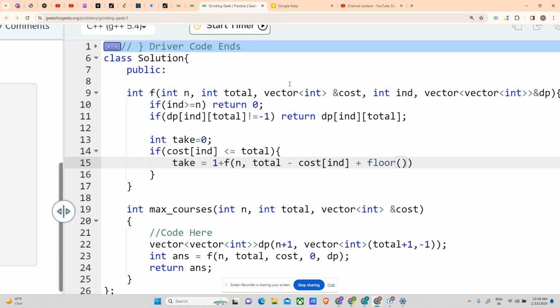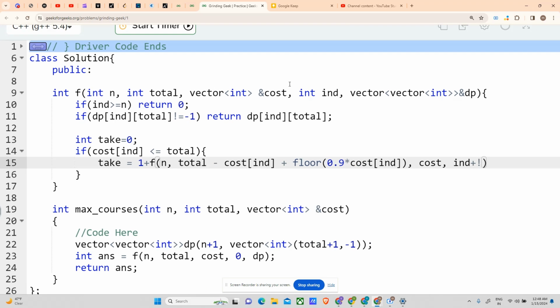So floor of 0.9 multiplied by cost of index, that is for the 90%. Now send the cost array, increment your index by 1 and send it, and at last send your dp array.